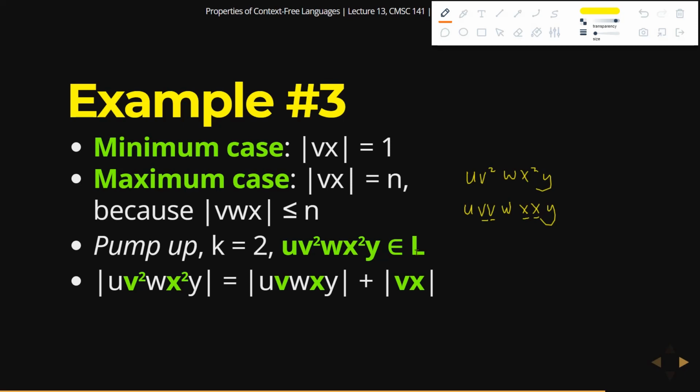So the length of uv squared wx squared y should be equal to the length of uvwxy plus the additional v that you added and the additional x that you added. So plus the length of vx. Let's write that here. Length of uv squared wx squared y is equal to length of uvwxy plus length of vx.